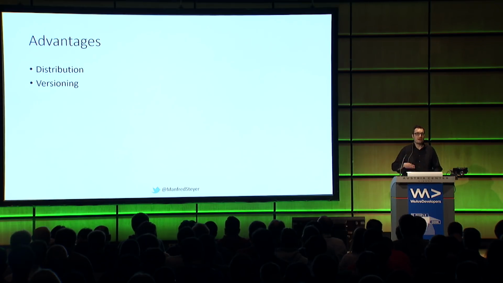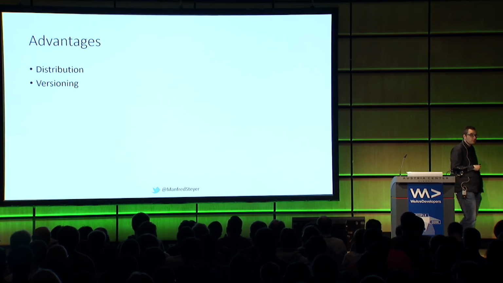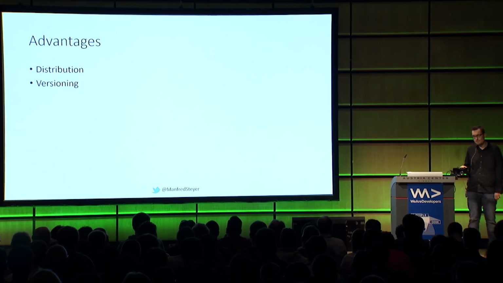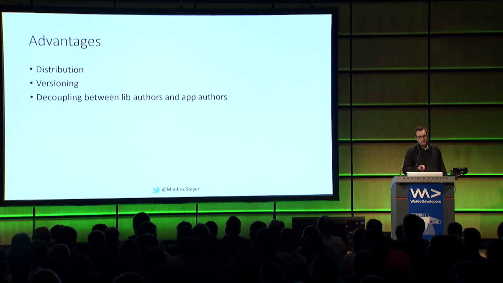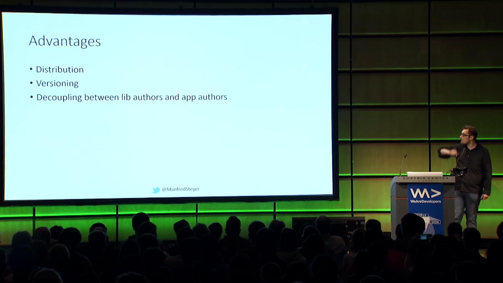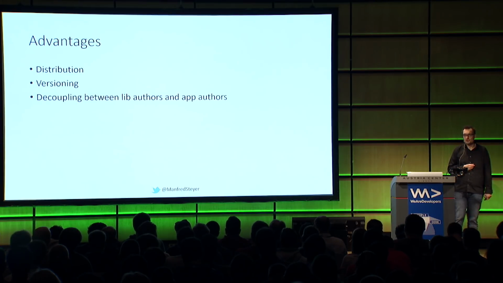We could create several versions, and not each and every customer has to use the newest version all the time. And we get a decoupling between the library authors and the application authors. Those are the advantages of using npm packages. And on the next slide, we will see some disadvantages.